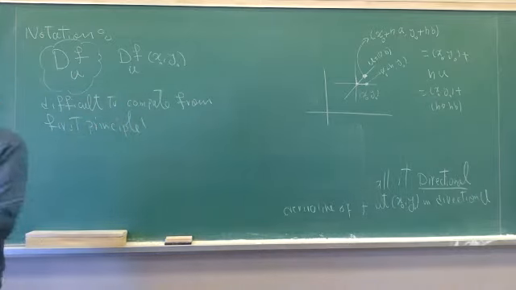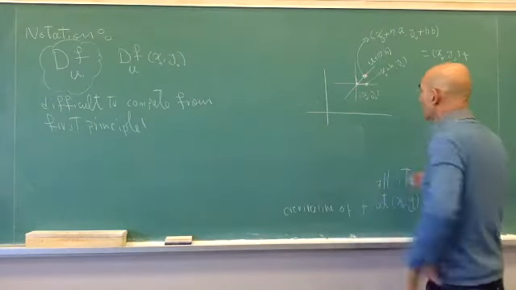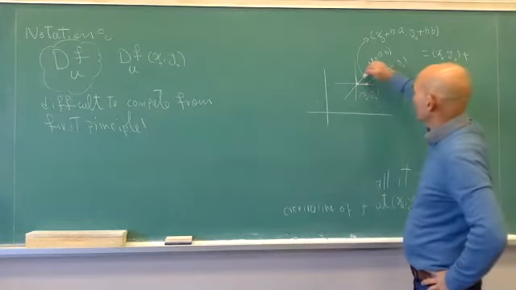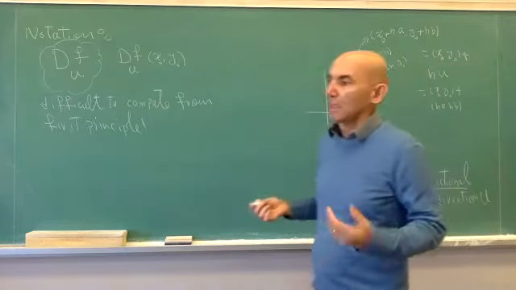You see, partial derivative was not difficult to compute from first principles because we froze one variable and took the derivative with respect to the other. So this was just kids play, right? This was easy. And then the other way around, right? So that's what we did. But here, it looks like something more subtle is going on, because you have to look at this point and think, how can I do that?